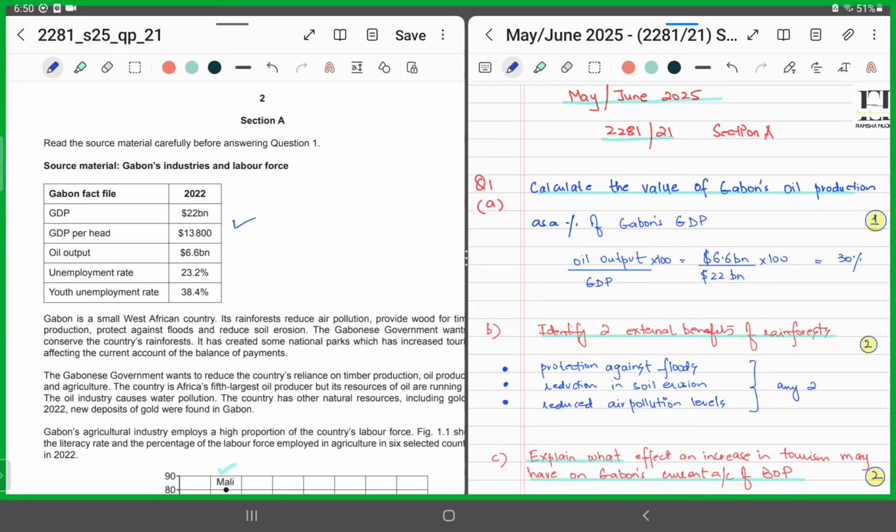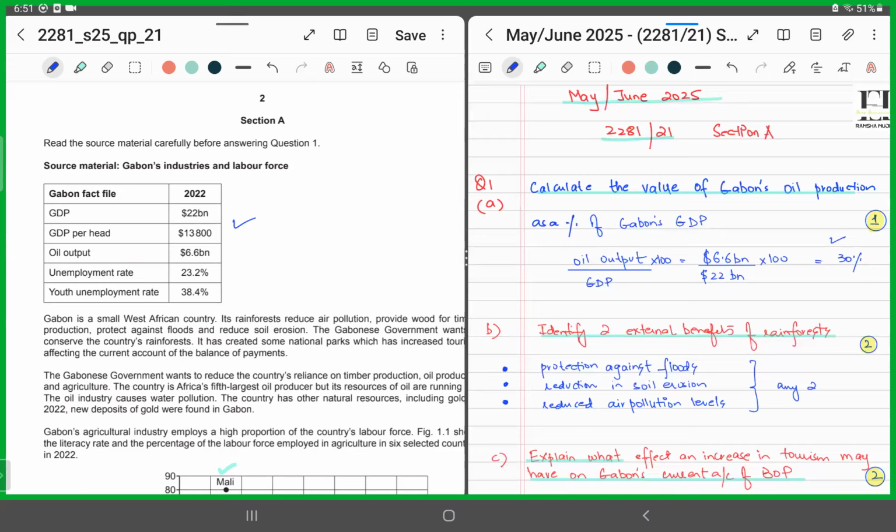What was the total GDP that year? $22 billion. So oil production was 6.6 upon 22 billion into 100, because they are asking us for the percentage. It is going to turn around 30%. So your answer is that Gabon's oil production is actually 30% of its GDP.